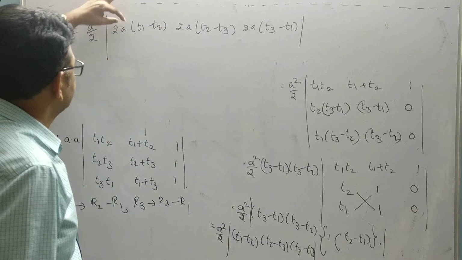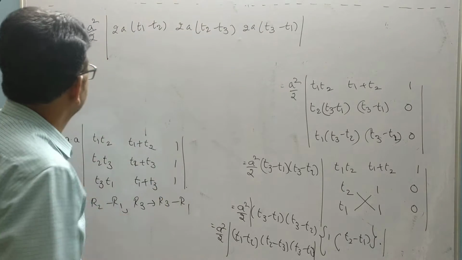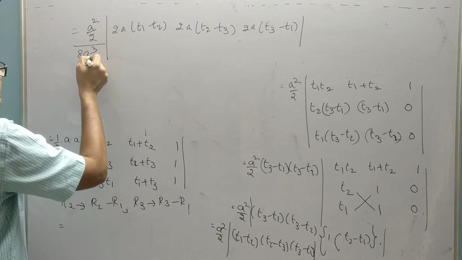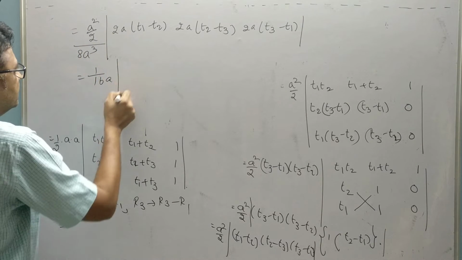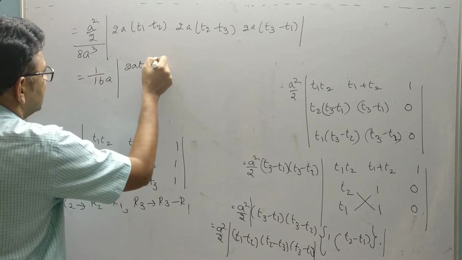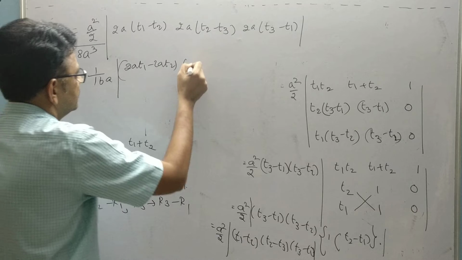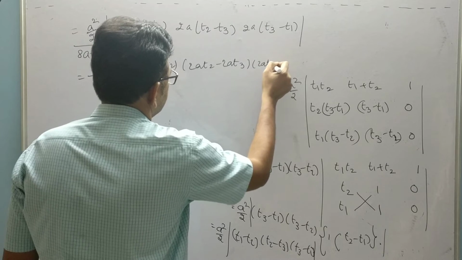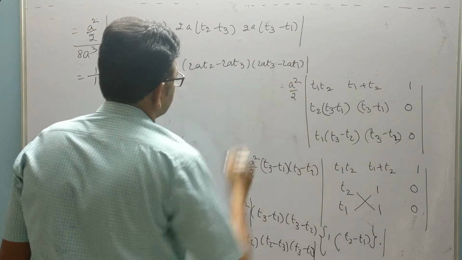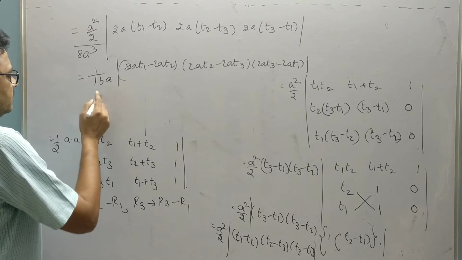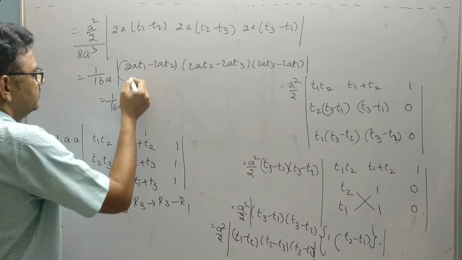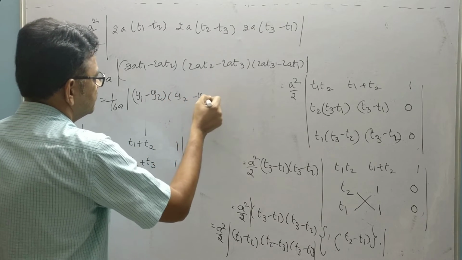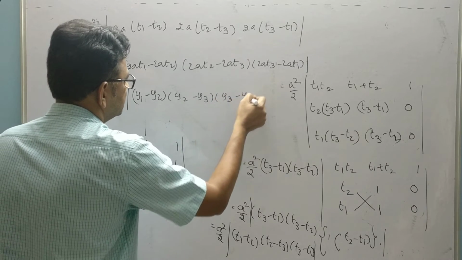So multiplying, this is 8a cube, so a square gets cancelled, 1 by 16a into 2aT1 minus 2aT2, 2aT2 minus 2aT3, 2aT3 minus 2aT1. So this is equal to 1 by 16a into y1 minus y2, y2 minus y3, and y3 minus y1.